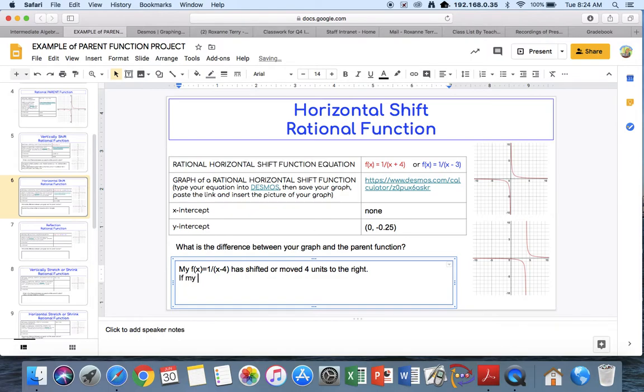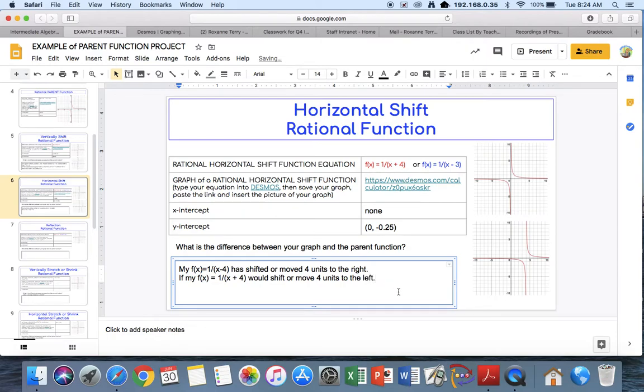If my function is 1 divided by x plus 4, it would shift or move 4 units to the left.